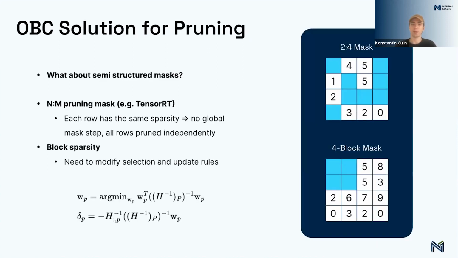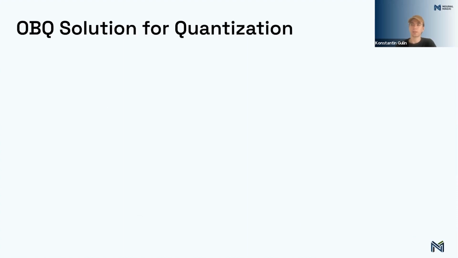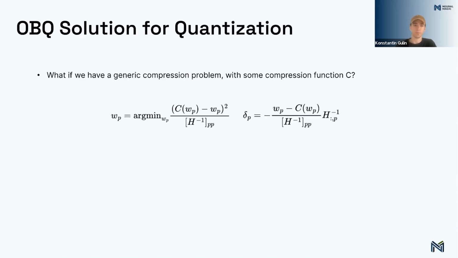Then can we apply this kind of approach to quantization? Let's take a step back and look at a more generic version of this. We're going back to the OBS update rule. If we solve a more generic version of it, we can see that the equation for the best way to prune and the equation for the update to make come out this way, where this function C is our compression function.